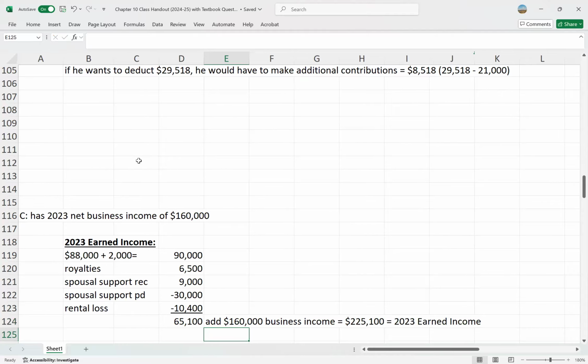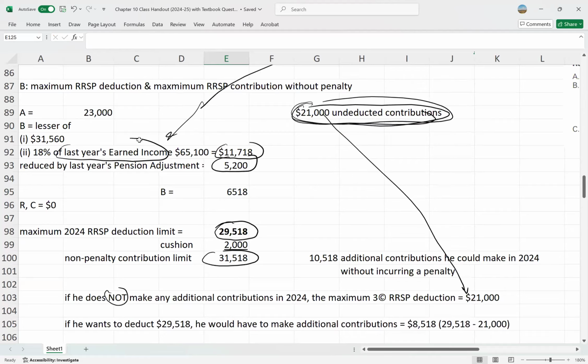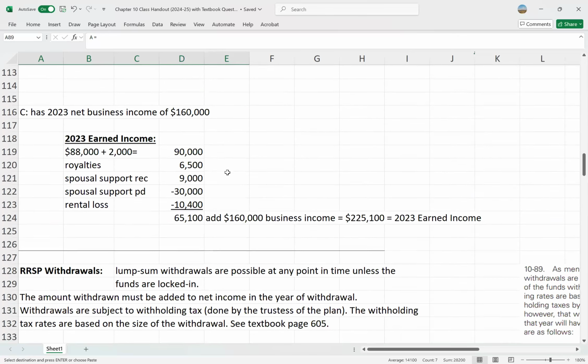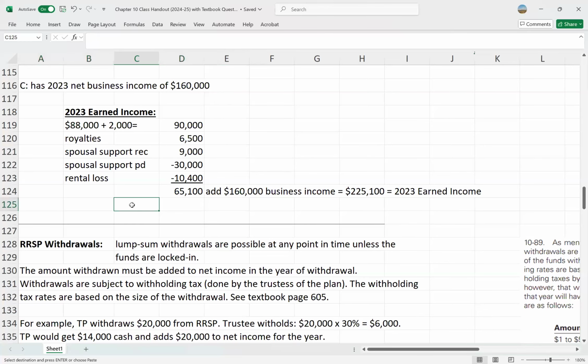So then what we can do is just go back up here and copy this information. We'll update what changes. So let me just add some rows here.